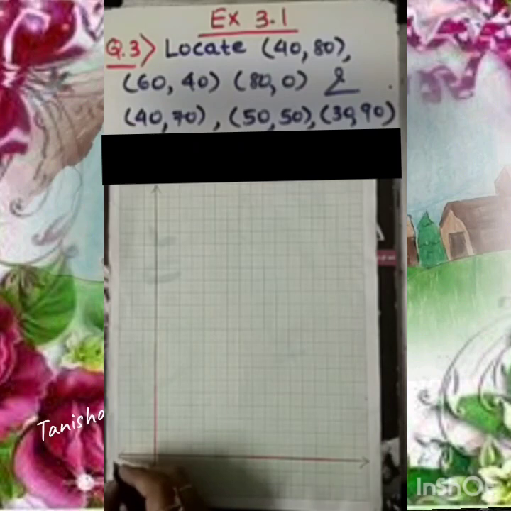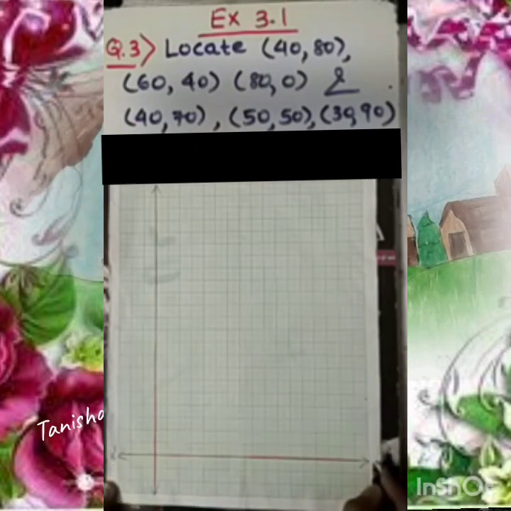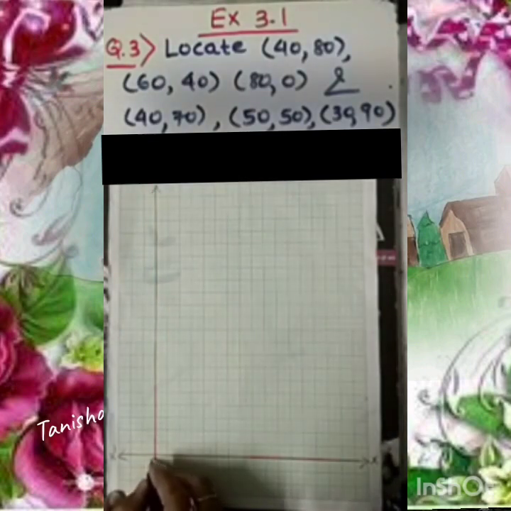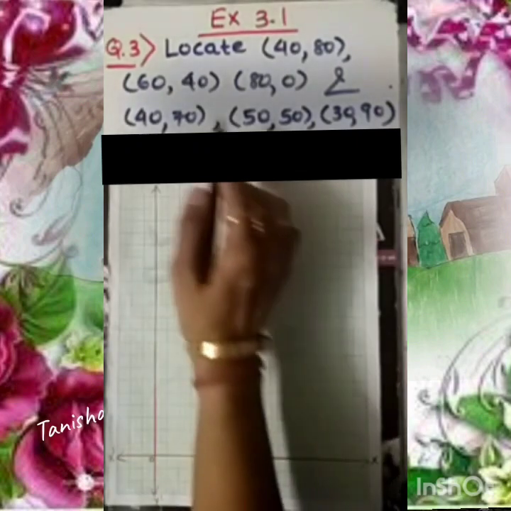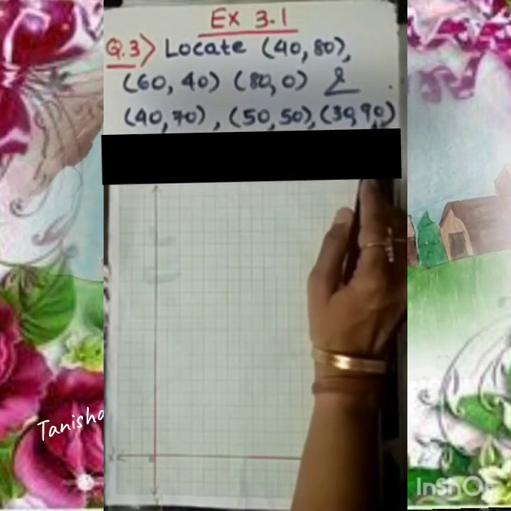This is my x dash axis. This is x-axis, this is my y-axis, and this is y dash axis, and this is origin O. Is it visible? Now as we know that we need to take the measurement, the highest is here, we are having 90, and that is on y-axis.